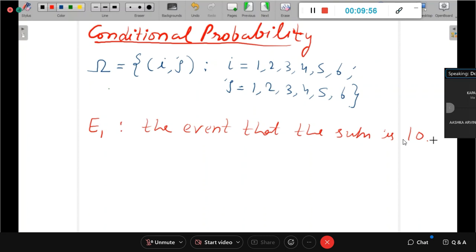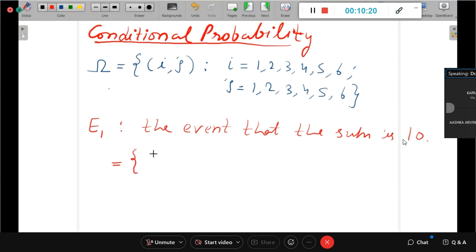I hope you can assume that the situation is fine, and you have unbiased dice, and all of the outcomes are equally likely, which means all pairs will occur with probability 1 by 36. So everything is fair enough here.